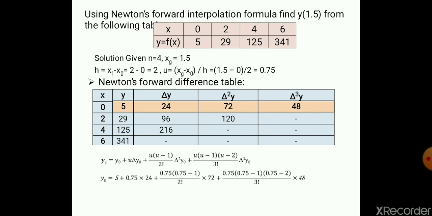So we have put y0 is equal to 5, u is equal to 0.75, del y0 as 24, again u is equal to 0.75. That first difference we have taken as 24, second difference as 72, and third difference as 48, and we will get the value of yg as 18.125 for x is equal to 1.5.